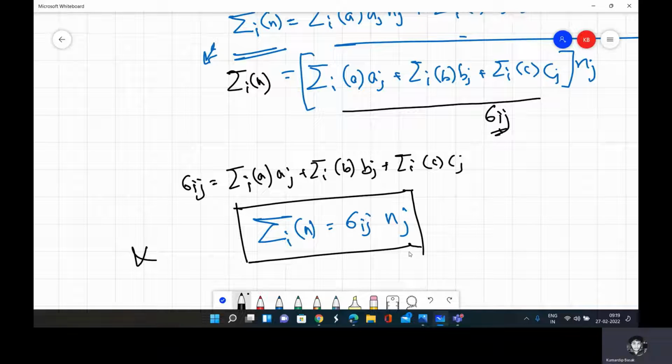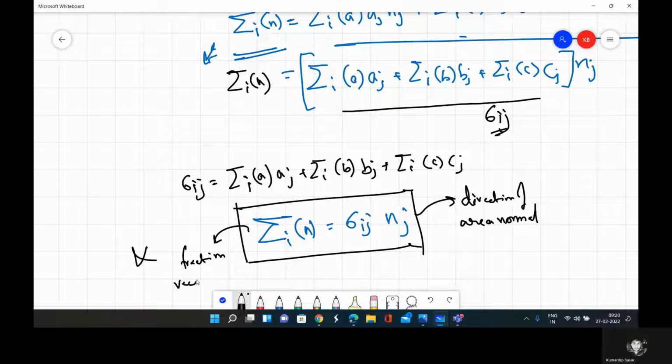So what are we getting from here? This n_j is the direction of the area normal. This is my traction vector, the stress quantity acting on the normal n. We get the traction vector, the ith component of that, and we multiply it with delta A to get the surface force, as we simply reduced for the earlier case.